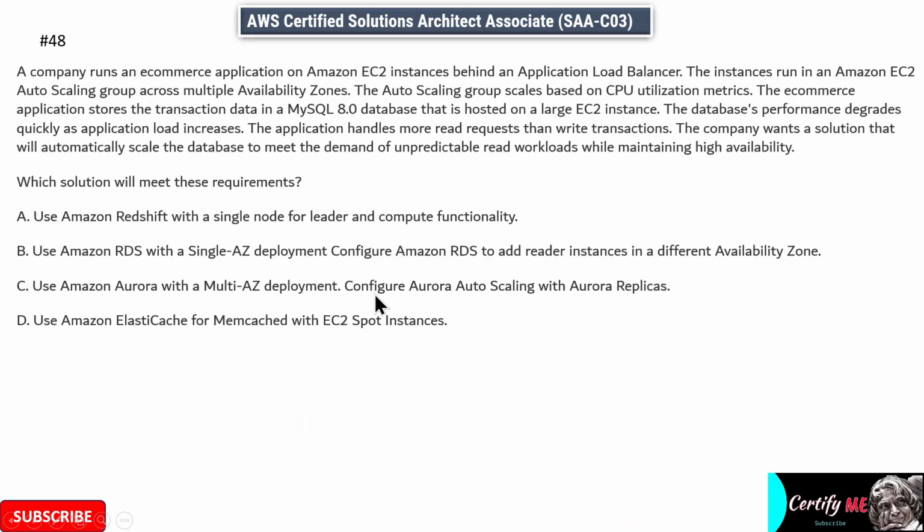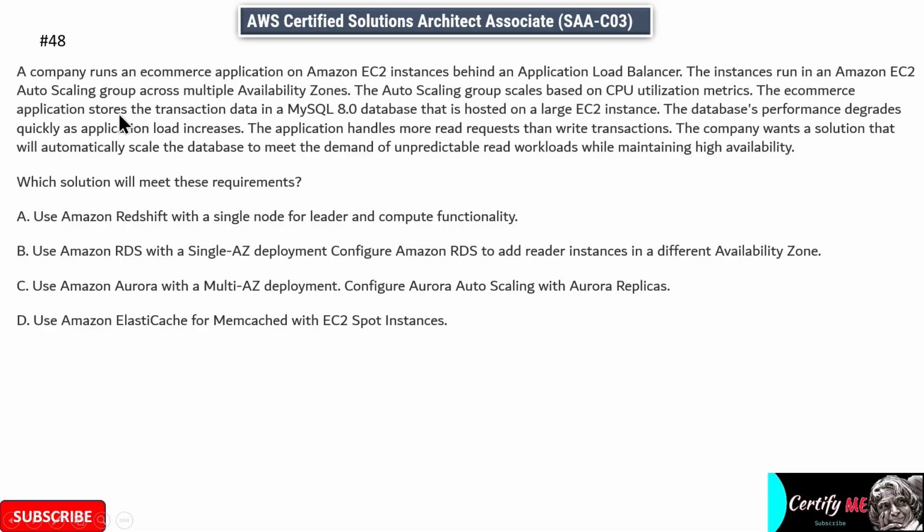Next question. A company runs an e-commerce application on Amazon EC2 instances behind an application load balancer. The instances run in an Amazon EC2 Auto Scaling group across multiple availability zones. The Auto Scaling group scales based on CPU utilization metrics.